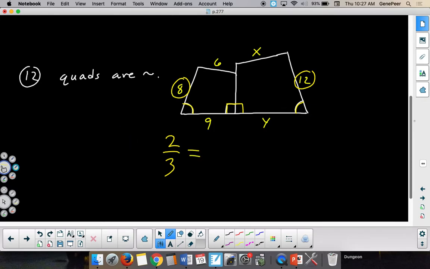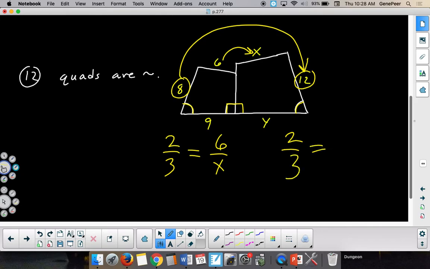So 2 to 3 equals what? 2 to 3 equals 6 to x. And by the way, 2 to 3 also equals 9 to y. And again, the fourth grade method works. Here, 2 times what gives 6? 2 times 3.